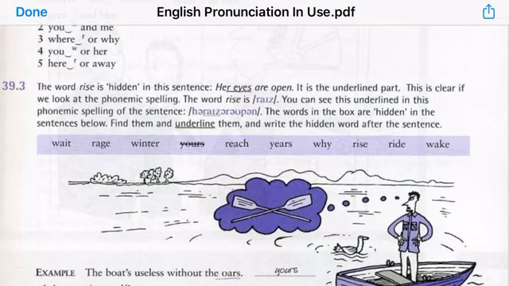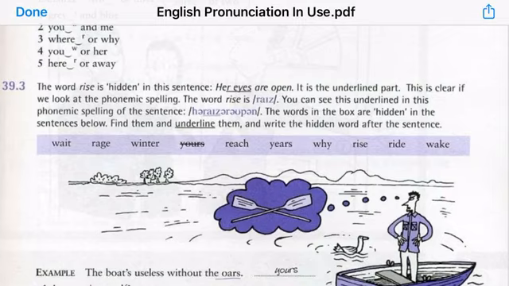The word rise is hidden. Let's move to the next one. The word rise is hidden in this sentence: Her eyes are open. Her eyes are open sounds as if we say the word rise, even though there is no rise, but in the pronunciation it sounds like there is the word rise.